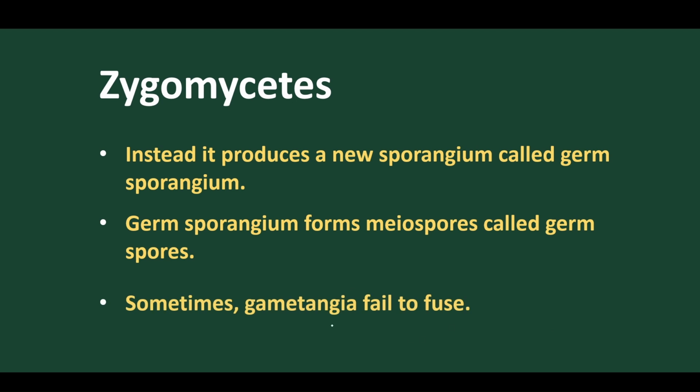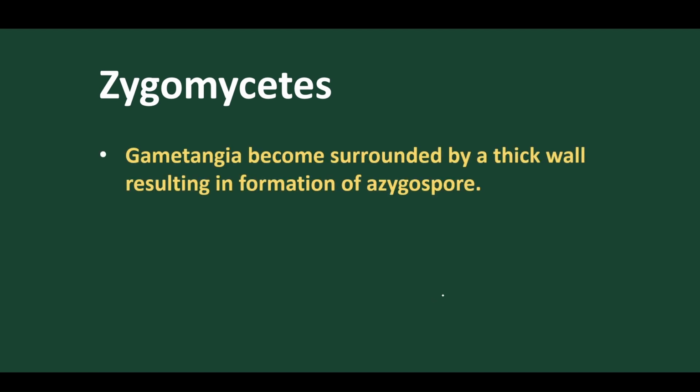But sometimes gametangia fail to fuse. Sometimes if the gametangia are unable to fuse or unable to go for copulation, then a new stage is produced, and that is called Azygospore.